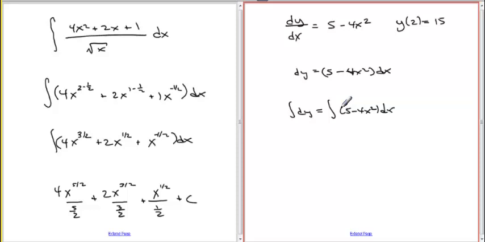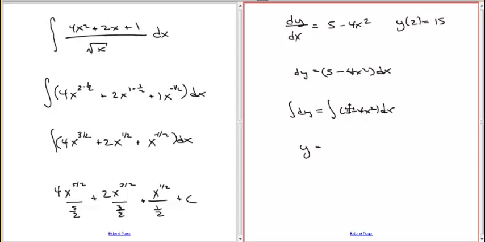And you see on the right-hand side, I just have a simple polynomial, so I don't have to use u substitution. And on the left side, the integral of the differential is just the function. That's what I'm trying to solve for. That's y. So then I just use the integral of x to the n dx is x to the n plus 1 over n plus 1.